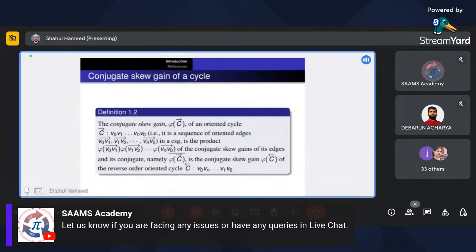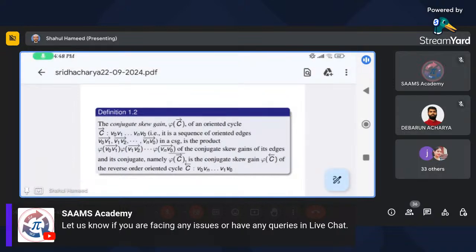Yeah, in order to move towards the application, we require this very important definition, the conjugate skew gain of a cycle. Whenever a cycle is there, say an oriented cycle, suppose the cycle has the initial vertex V0, second vertex V1, and so on, going back to V0, n in length. The oriented edges are V0V1, V1V2, ..., VnV0 with those prescribed orientations.